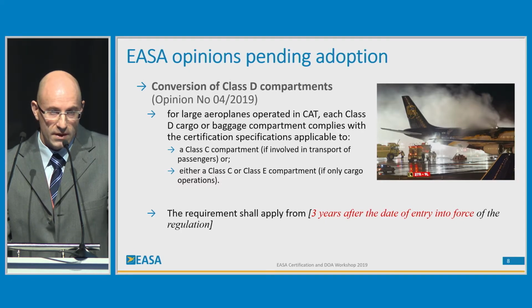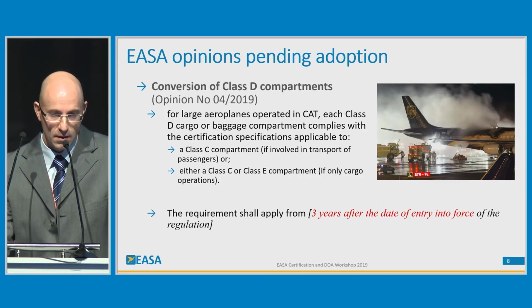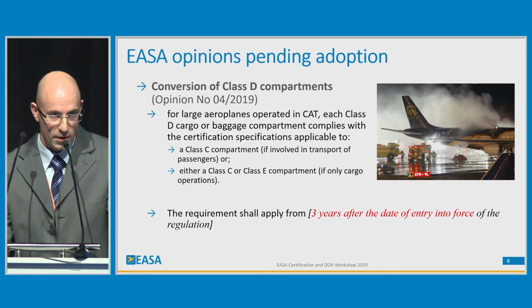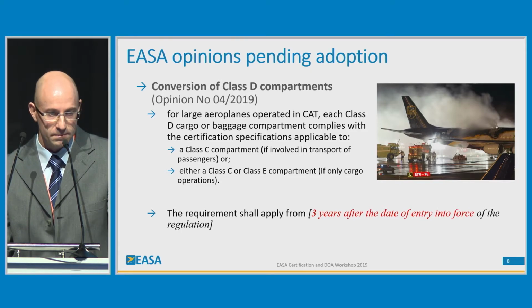And so we think that the risk posed by those compartments, especially having in mind recent elements that increase this risk, like the widespread transportation of lithium batteries, is significant.